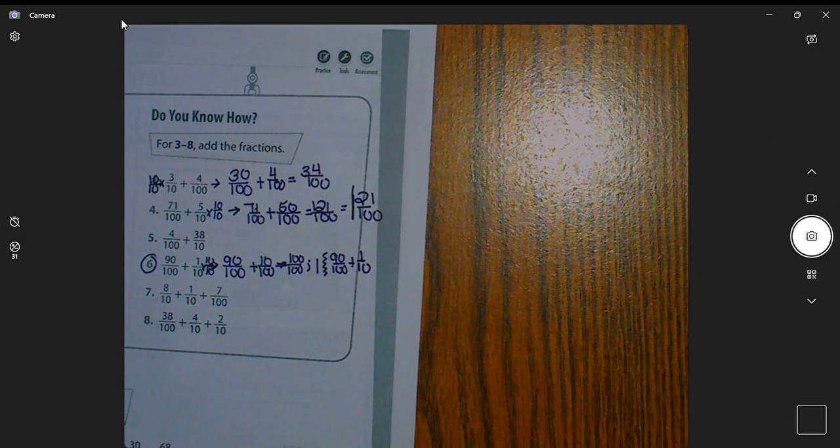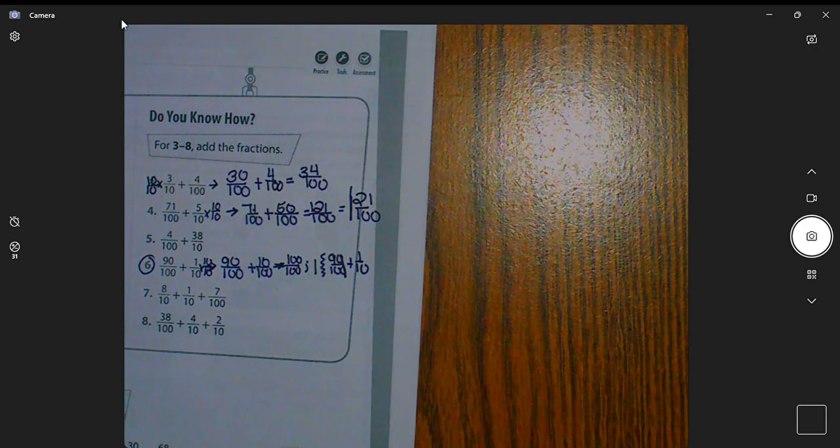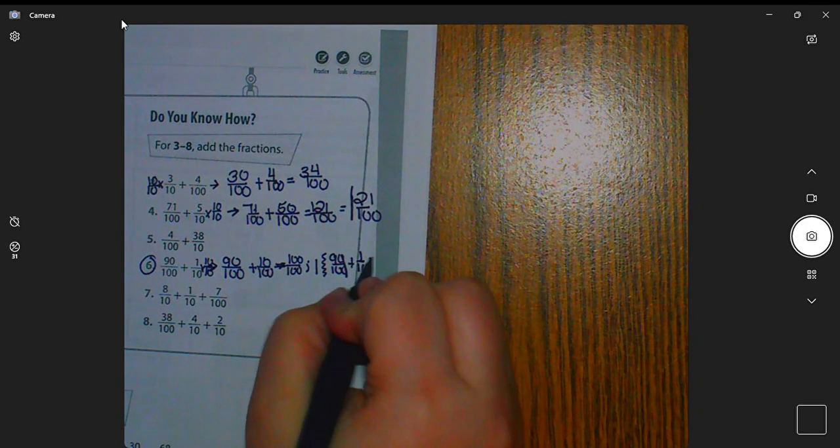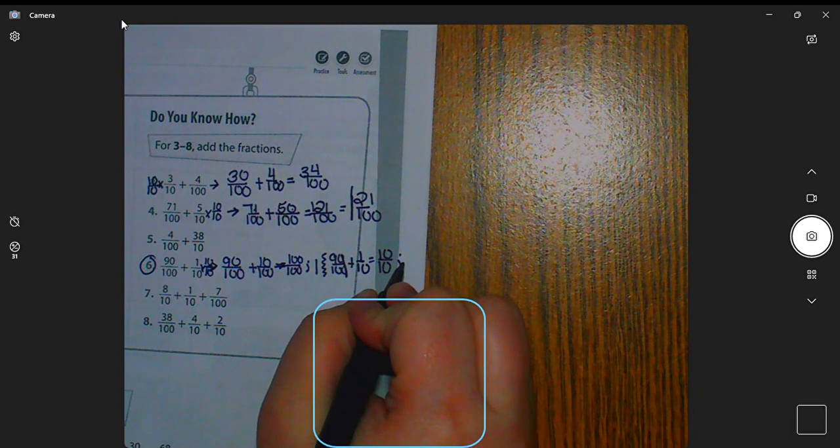You're right, 10. So what I'm going to do is take a 0 from the 90 and a 0 from the 100, because that is showing I'm dividing 10 off of them. This just helps me save a little bit on space. So 9/10 plus 1/10 is how many? Right, 10/10. What does 10/10 tell me? 1.